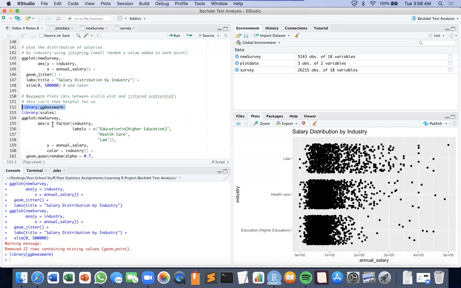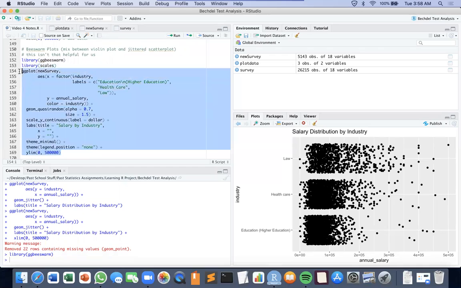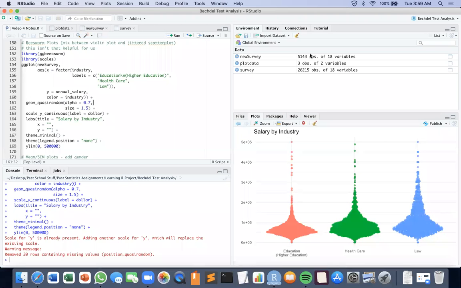But here, I'm just going to run this library and put in this code. Yeah, so if we take a look at this graph, this looks really similar to what we have with the violin plot. So the reason I said this isn't very helpful is that we're not getting a lot more information with this than what we got with the violin plot alone.